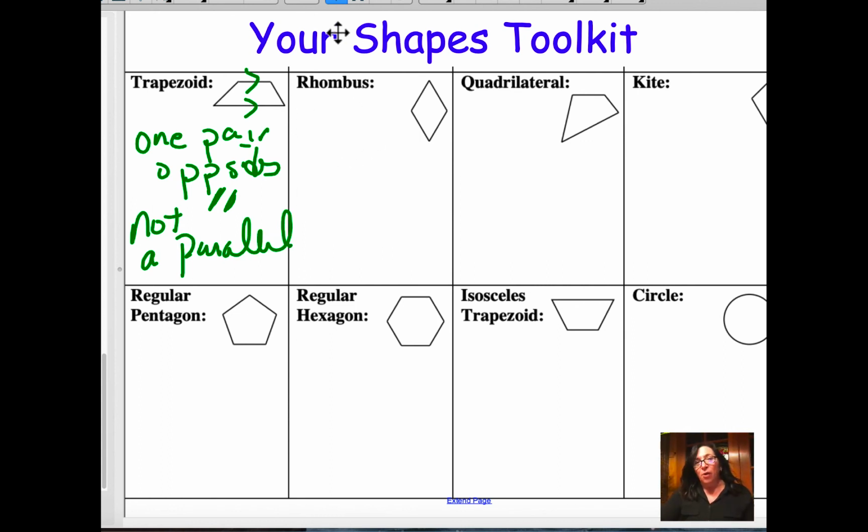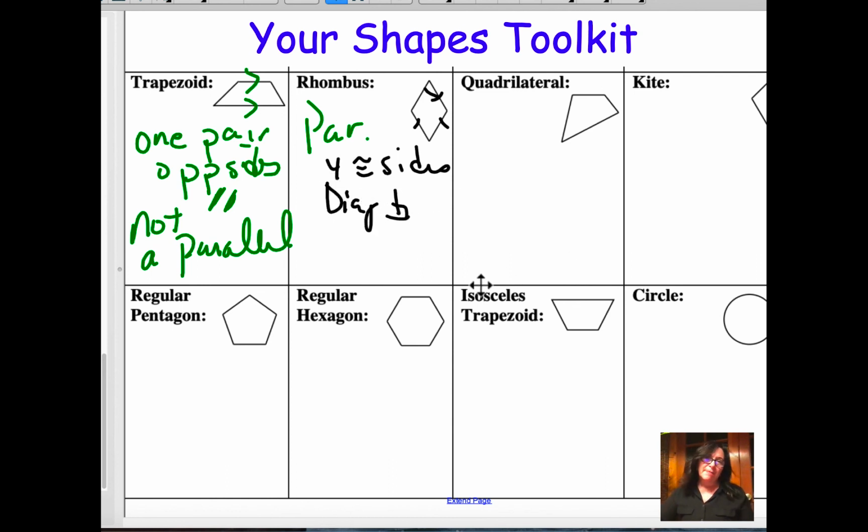Okay? Now, a rhombus is a parallelogram. And in addition to having those attributes, it also has 4 congruent sides. It has diagonals that are perpendicular.